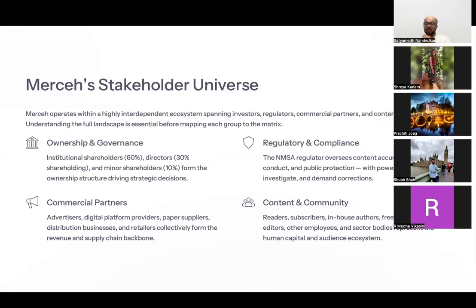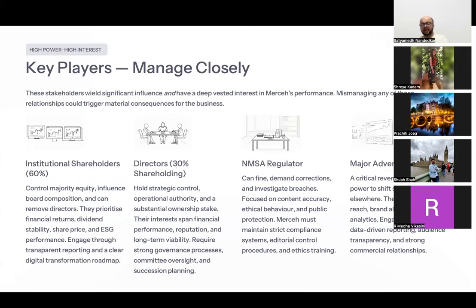There is the regulatory body called NMSA, which regulates content accuracy, ethical conduct, and public protection. Then there are commercial partners like advertisers, digital platform providers, and paper suppliers who help you conduct your business. And then you have the readers, subscribers, in-house authors, and freelance writers who read and produce the content. And we read at one point that they are trying to build a community culture. So this is that category.